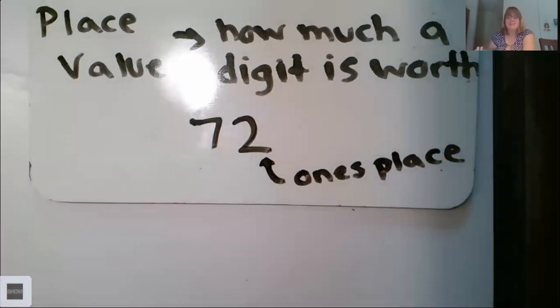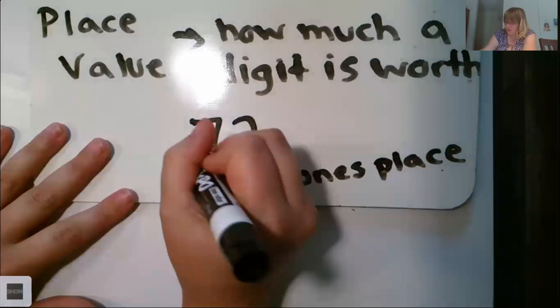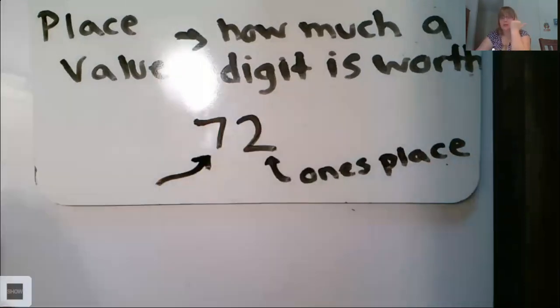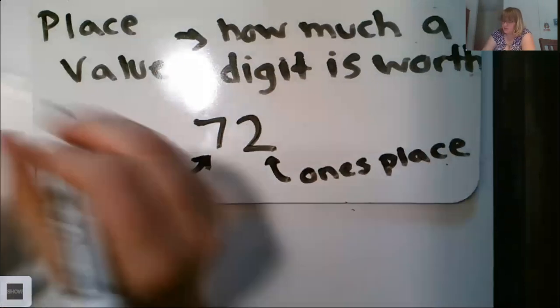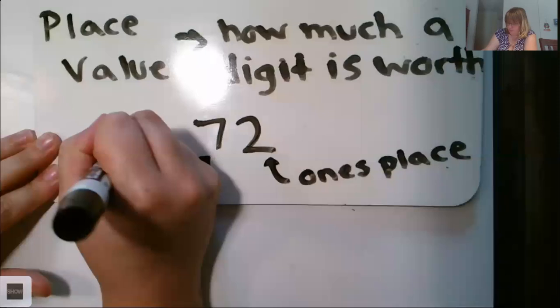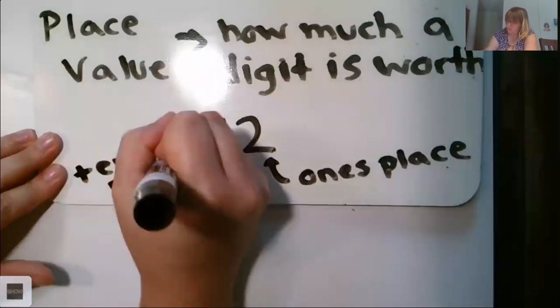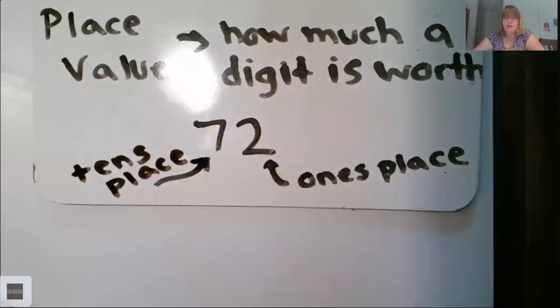Now it gets a little bit trickier when we go next door. So 1's neighbor, when we go this way, is called the tens place. Now in our tens place, we have the number 7. But when we think about how much that is worth, it's tens.